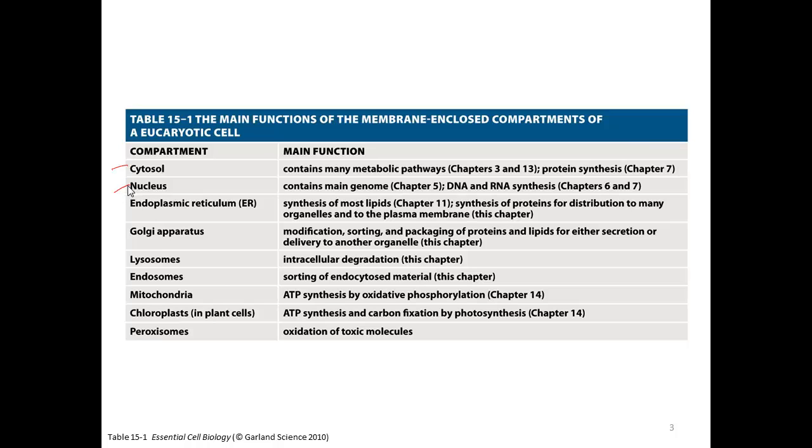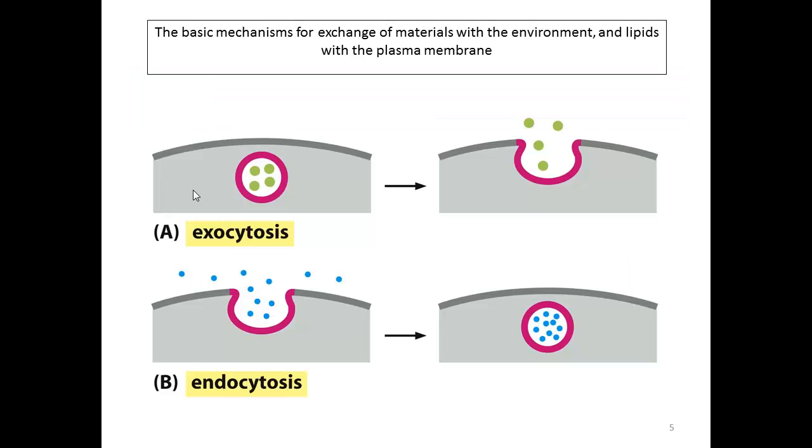As I mentioned, the nucleus, mitochondria, and endoplasmic reticulum are specific cases, but once a protein makes it into the endoplasmic reticulum, it can then make it to the Golgi, lysosomes, endosomes, or plasma membrane.